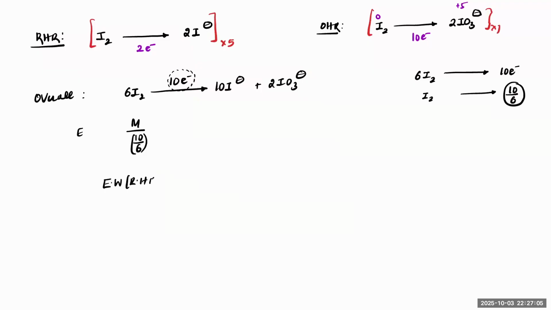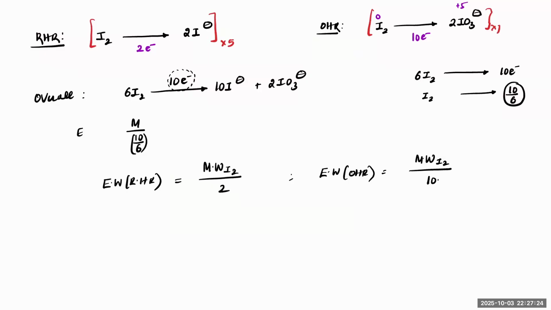Equivalent weight in RHR will be equal to molecular weight of I2 divided by 2 electrons. Similarly, equivalent weight of OHR is equal to molecular weight of I2 divided by 10 electrons.